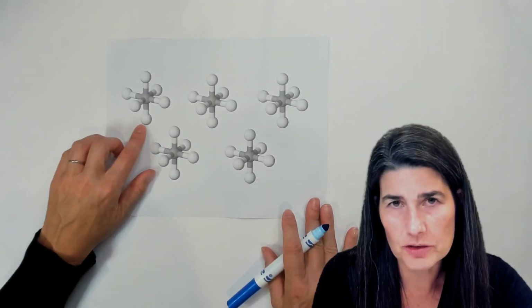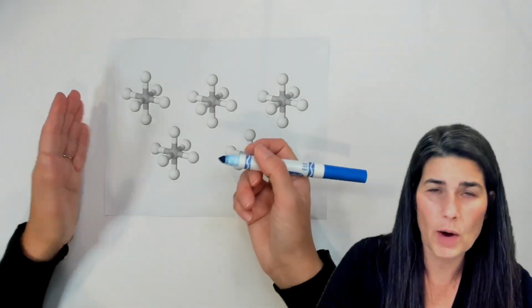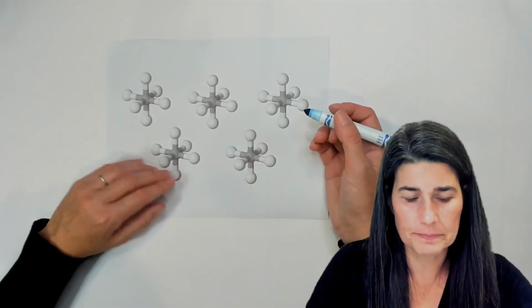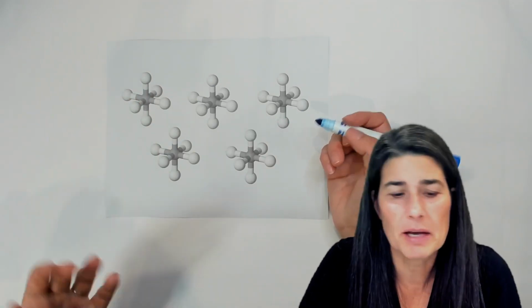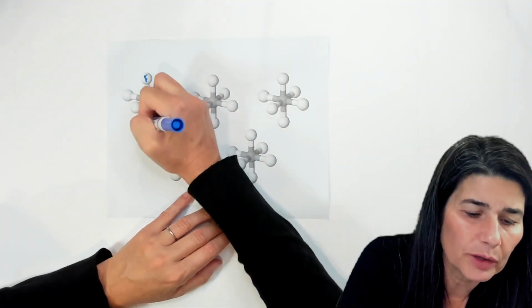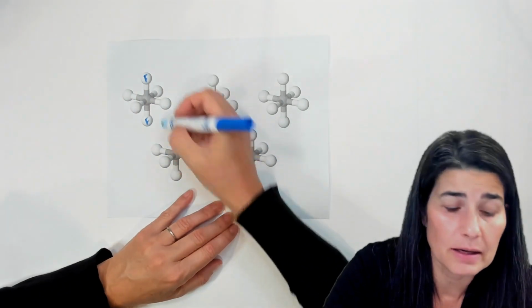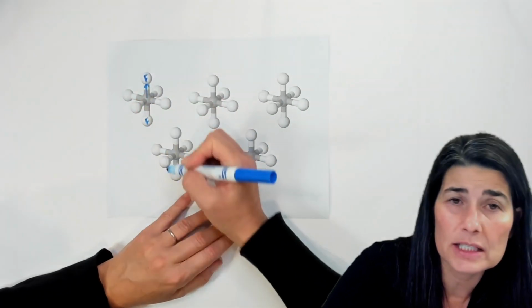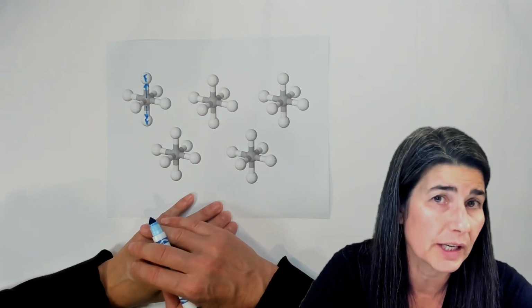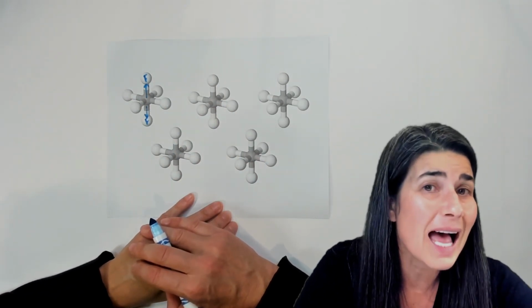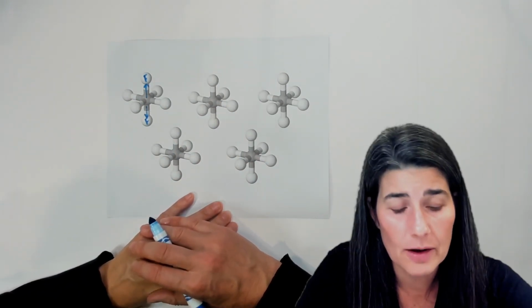We have an octahedral structure where everything on the outside is exactly the same molecule or the same atom, and I'm going to pick fluorine. Now, if we have a fluorine on top and a fluorine on bottom, the pull for electrons by the fluorine on top is going to cancel the pull for electrons by the fluorine on the bottom. Those dipole moments cancel out.